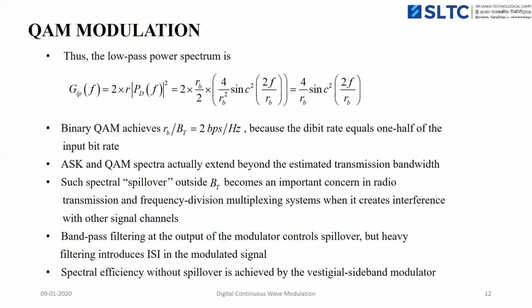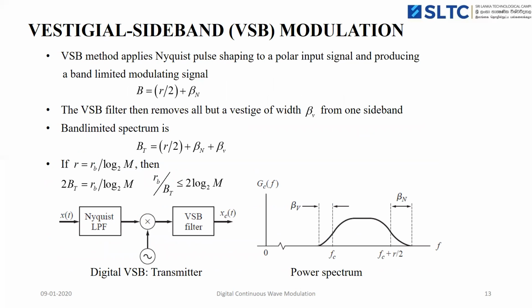So one way to control the spectral spillover and improve the spectral efficiency is by using a vestigial sideband modulator. In this vestigial sideband modulator, we are using two filters: one is the Nyquist low pass filter and the other is the vestigial sideband filter.